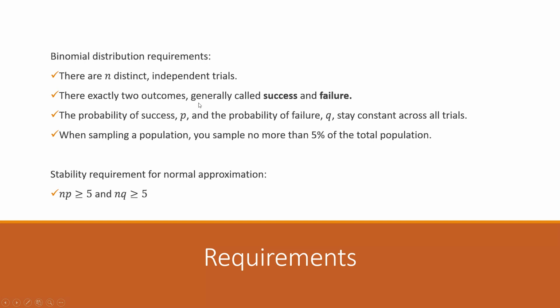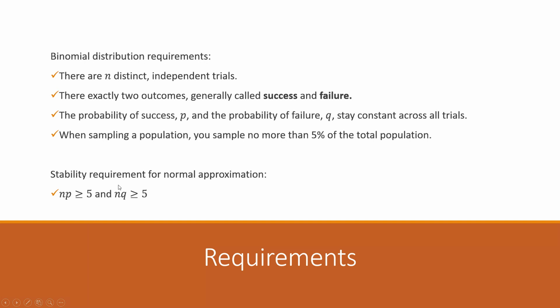Now, for the normal approximation, there is one additional requirement, technically two, that we're going to throw on top of this. We're also going to have what we'll call a stability requirement. In order for the normal approximation to be stable, you want a big enough sample size so that if you multiply the probability of success by your sample size, you get at least 5.